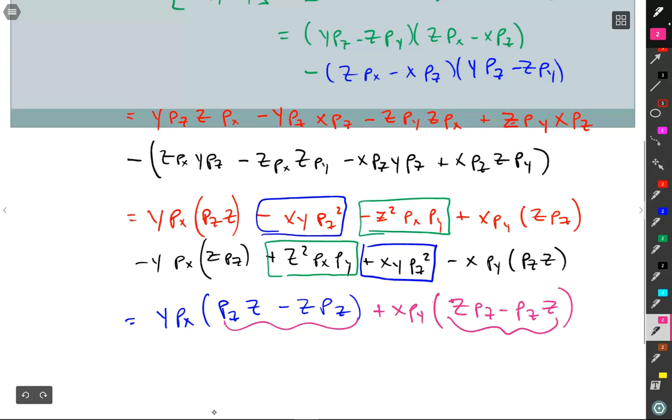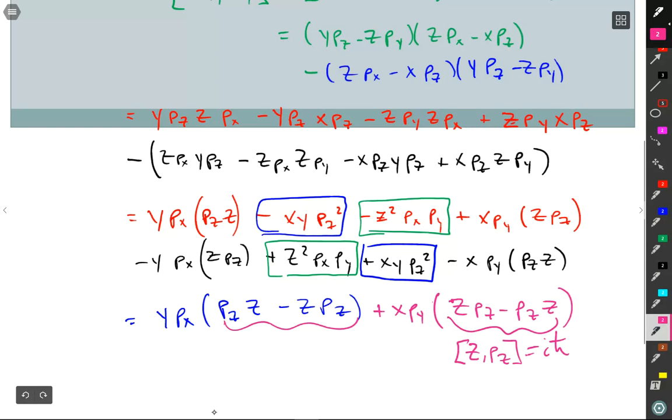And what is z pz minus pz z? So that's i h bar.